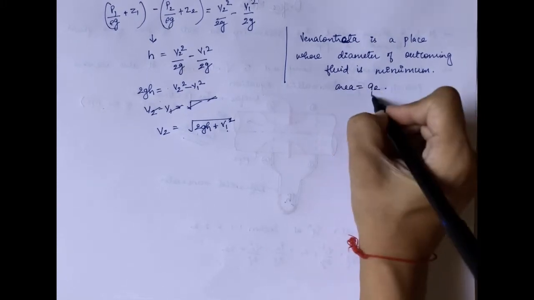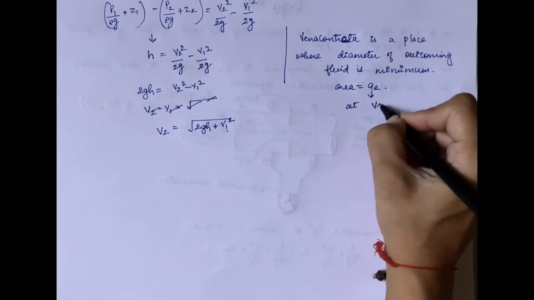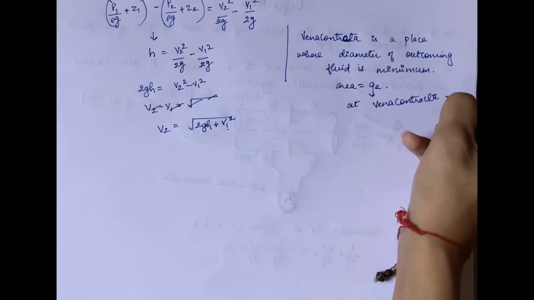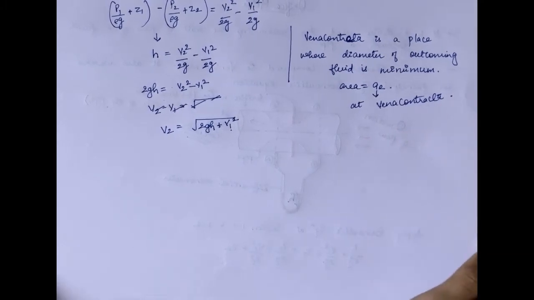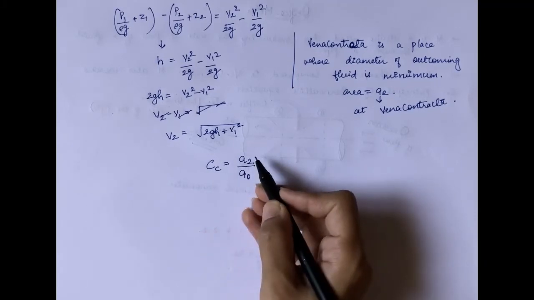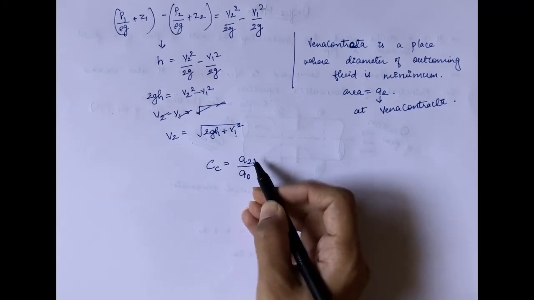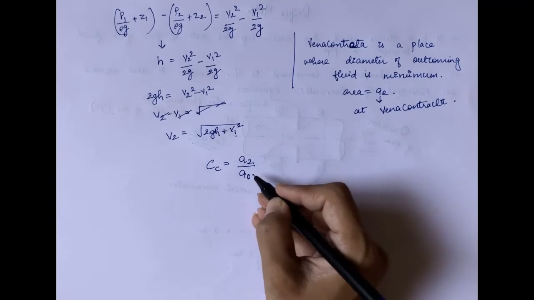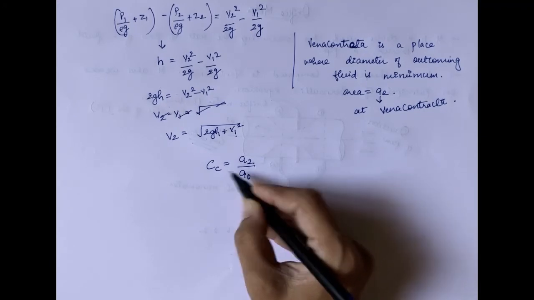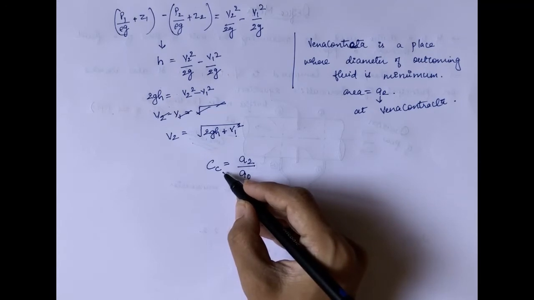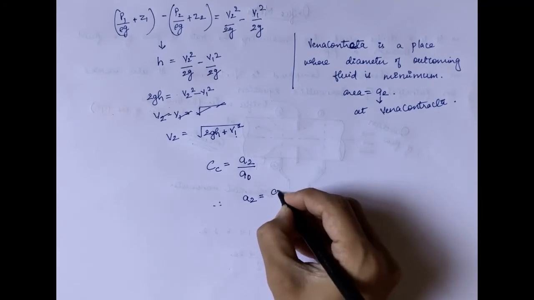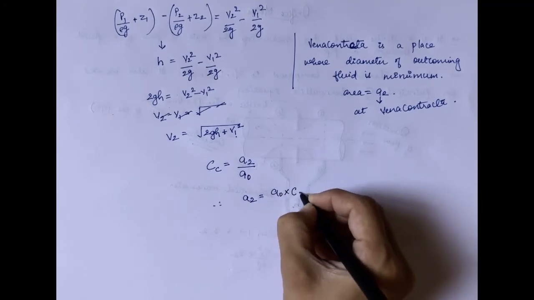So the area A2 is at the vena contracta, and we know that Cc, the coefficient of contraction, is the ratio of A2, the area at the vena contracta, to the area of the orifice, which is denoted by A0. Therefore, the area at the vena contracta would be A0 into Cc.